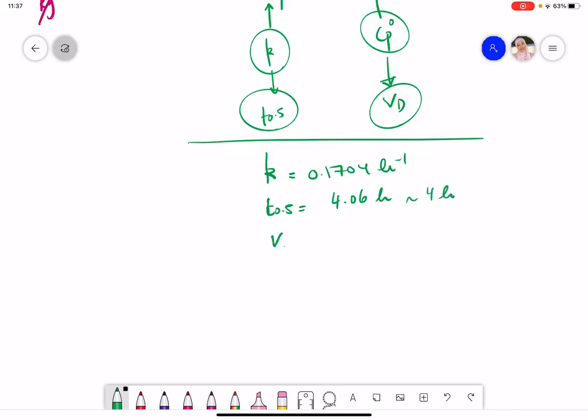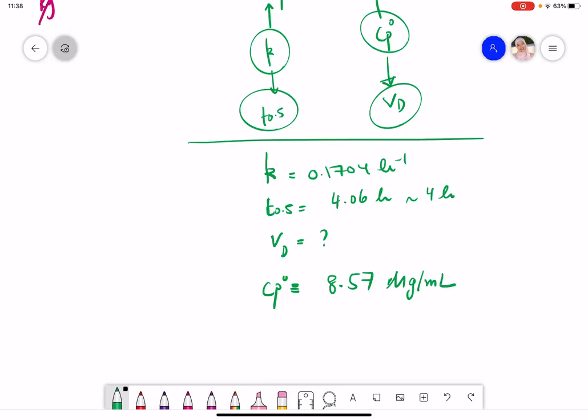And we have the volume of distribution after you determine CB node, which will be equal to 8.57 microgram per milliliter.